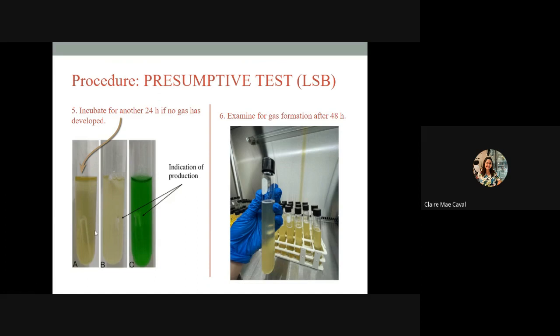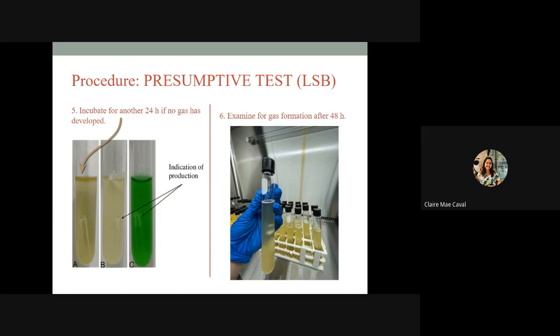By the way, class, when you prepare the culture tubes, may naka-insert na inverted vial or the Durham tubes. That is to facilitate gas production. So if you notice dito, yung Durham tube, walang gas production, though nagtuturbid yung sample, this is still negative for the coliform bacteria. This one, obvious yung gas production, and also letter C, that is positive for coliform bacteria.